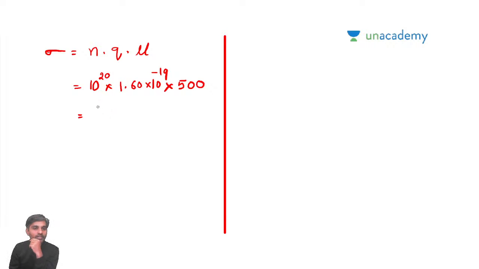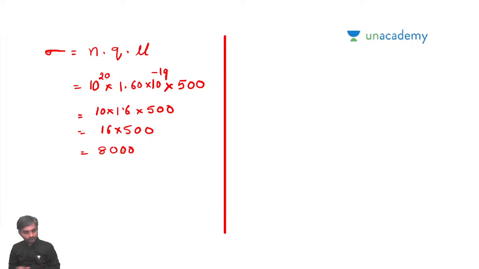I think you will get 10 into 1.6 into 500. This will be 16 into 500, which is 8000. That's what you will get, right?